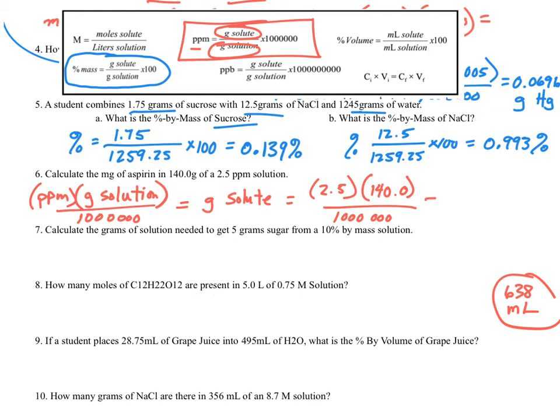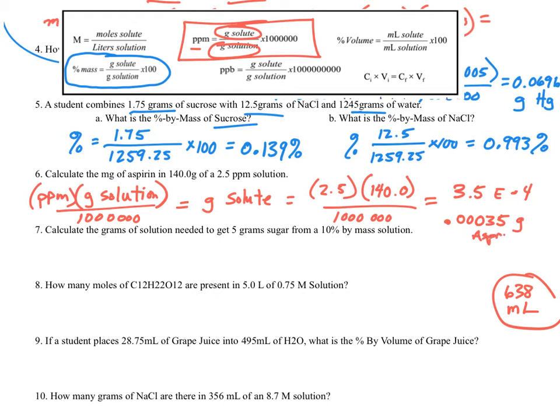All right, and that equals 3.5. Now my calculator says 3.5 e minus 4. I could leave it as that, or I can write that as 0.00035, and that's going to be grams of aspirin.